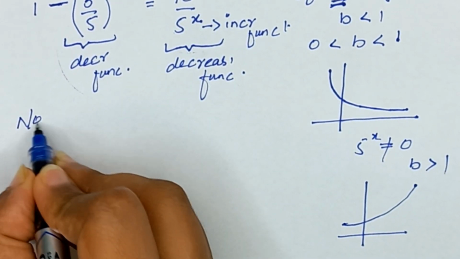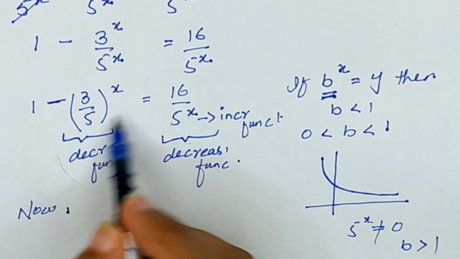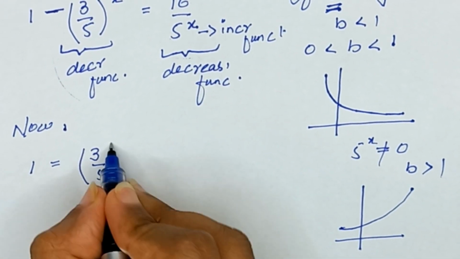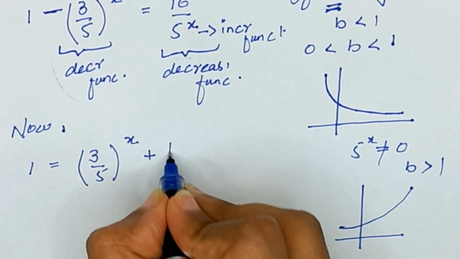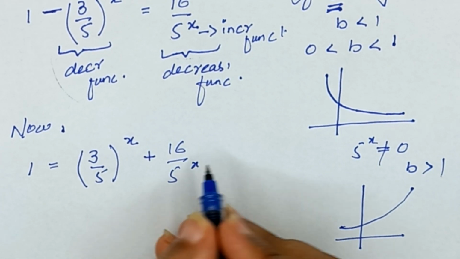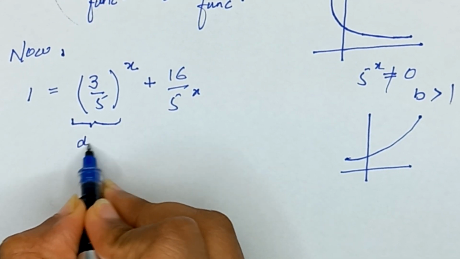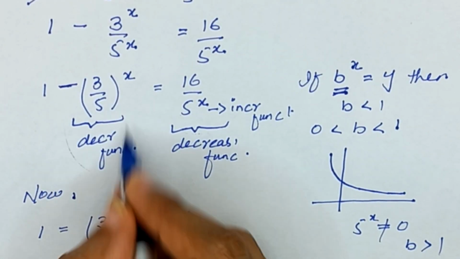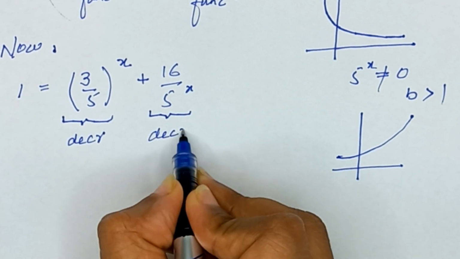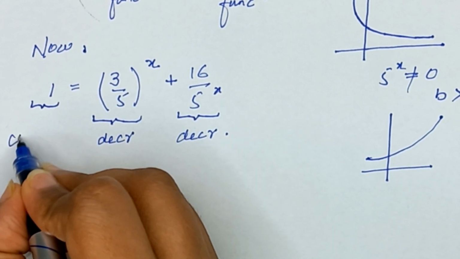Now we can write this as 1 is equal to 3 divided by 5 whole power x plus 16 divided by 5 raised to the power x. Now here this function is a decreasing function, as we already know, and this function is also a decreasing function, and this one is a constant value.